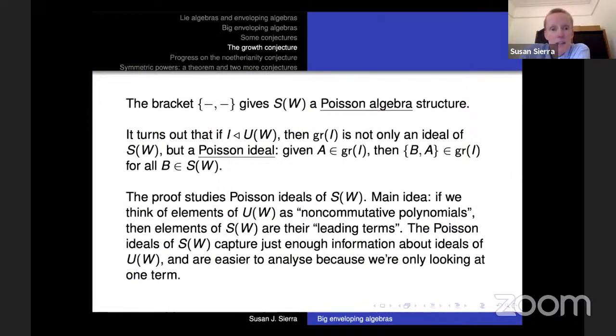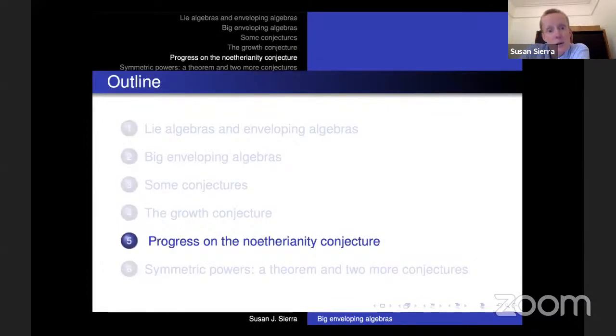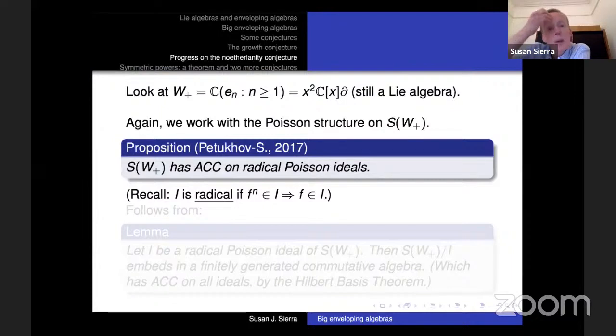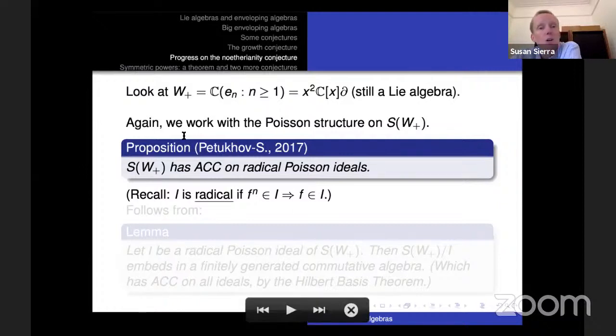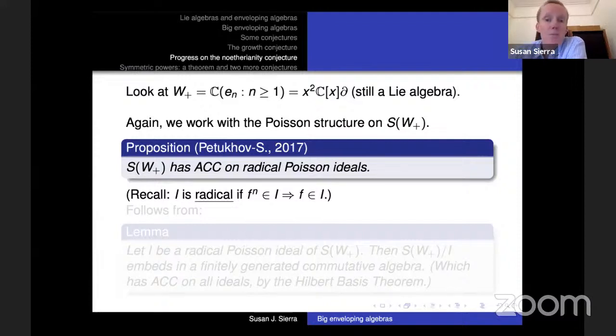Instead, I want to tell you something about what's known about the Noetherianity conjecture. Here, the statements that are proved are actually about what's called the positive Witt algebra, W+. So I'm looking here at the span of the E_n where n is at least 1. This is again a Lie algebra.